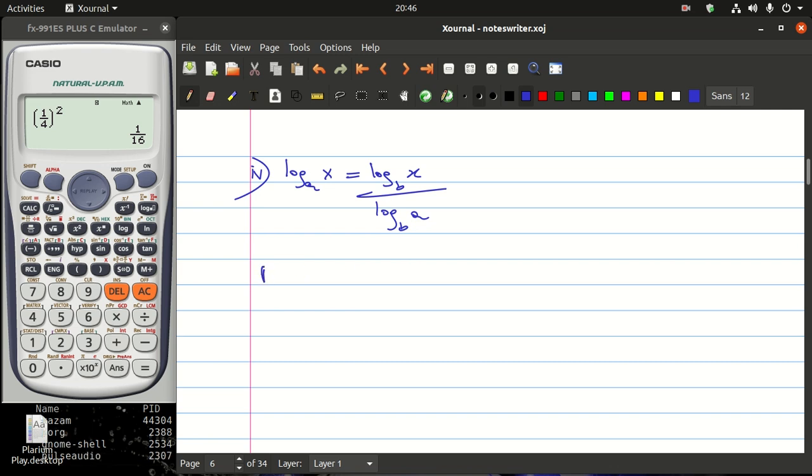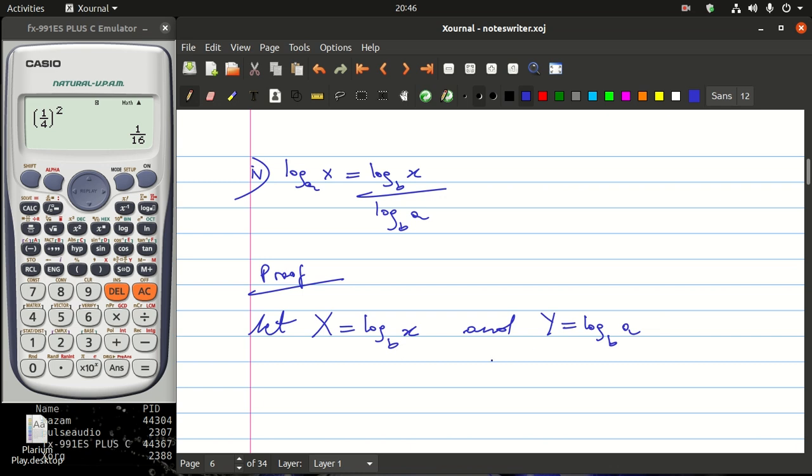So this is our proof, and we just let the numerator there, x, be equal to log b x, and because we have a and b here, you can use the same y. I think it's not gonna be a problem. We're gonna have y equal to log b a.